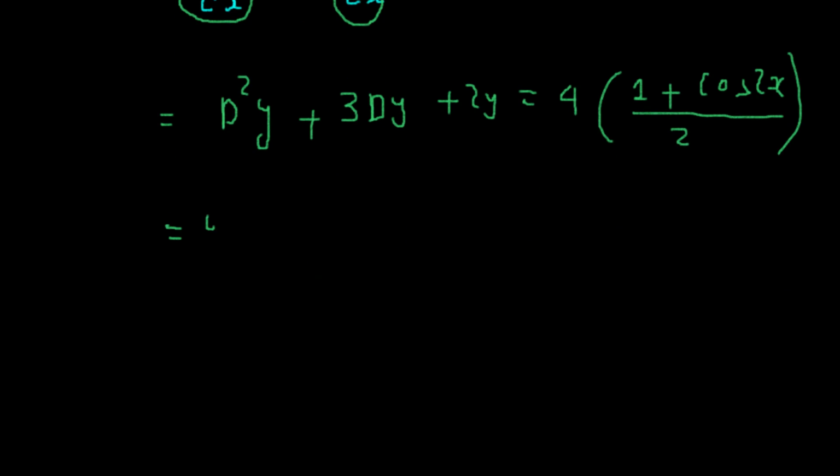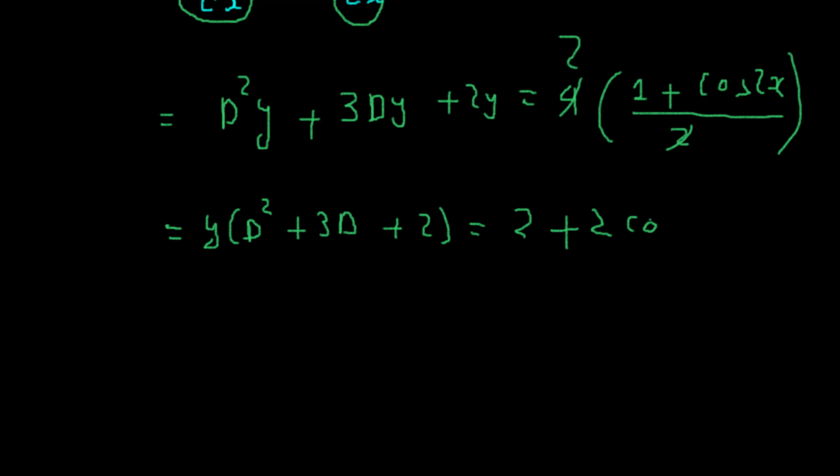Now we're going to take y common, so it will be (d square plus 3d plus 2) y equals this 2, and the 2 cancels out the denominator, so 2 will multiply inside and it will be 2 plus 2 cos 2x.